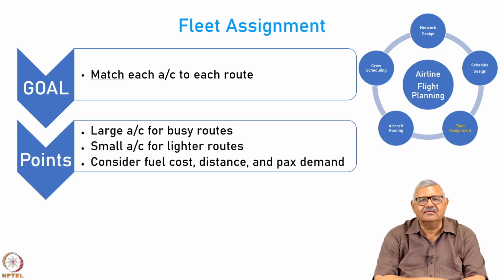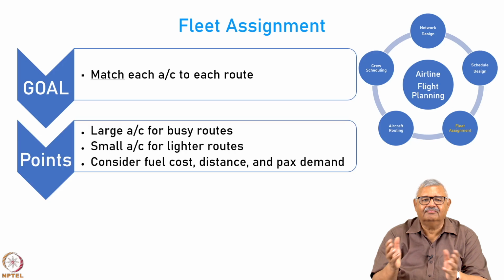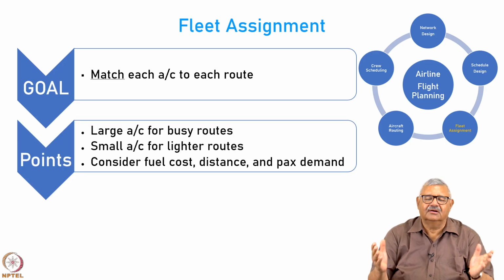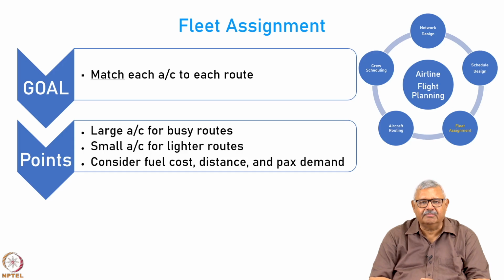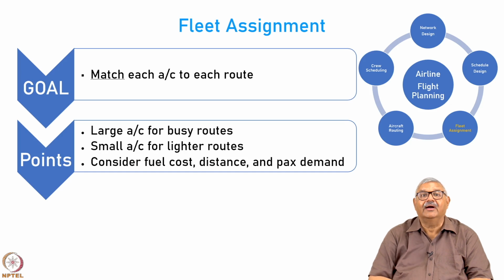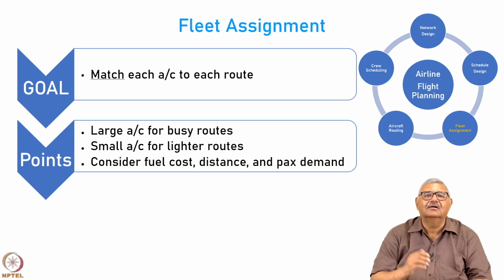So, generally what is done is, when you have busy routes where there is more demand, if the origin and destination airports permit, you would schedule larger aircraft from your kitty in that, whereas on lighter routes where demand is not that much high, you would schedule the smaller aircraft. Okay, but it all depends. You might offer small aircraft with more frequency to take care of the small capacity.